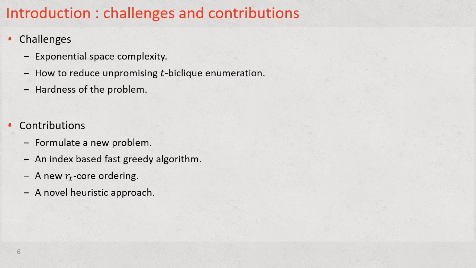Second, reducing the unpromising t-Biclique enumeration, where for any two t-Bicliques with individual large coverage, they may collectively cover very few extra vertices. As such, how to effectively avoid enumerating one of them is indeed challenging. On the other hand, some t-Bicliques inherently have small coverage and avoiding their enumeration is also challenging.